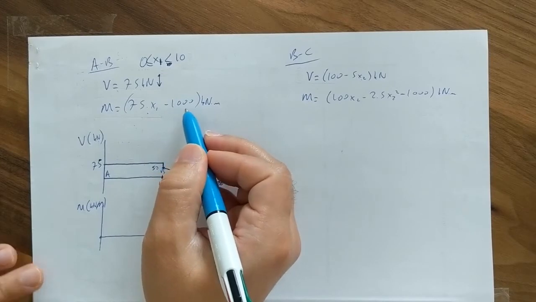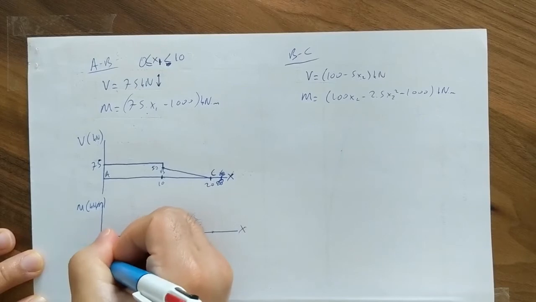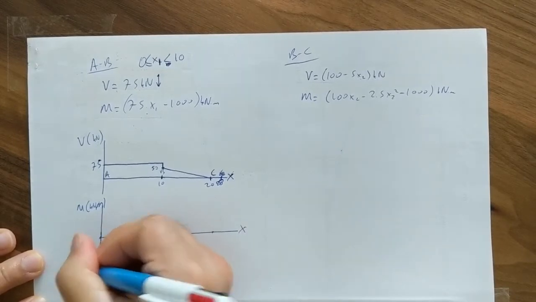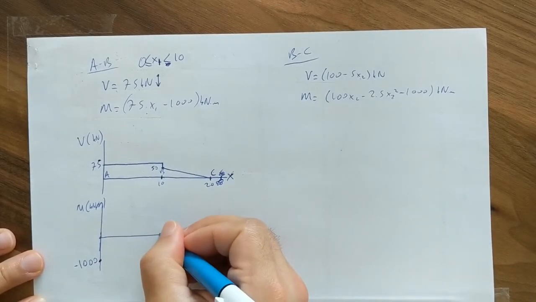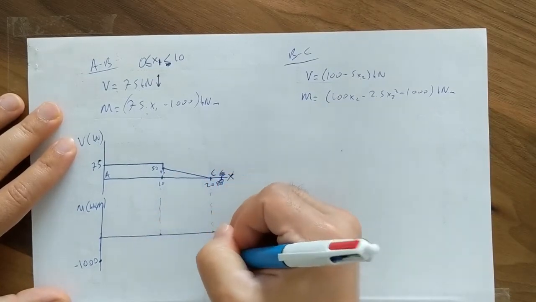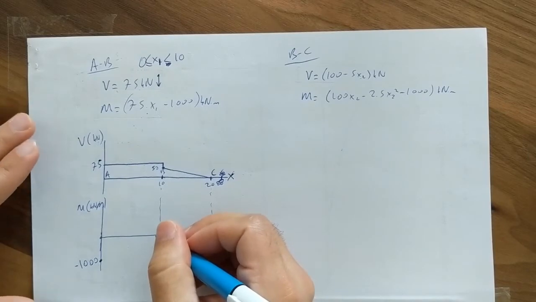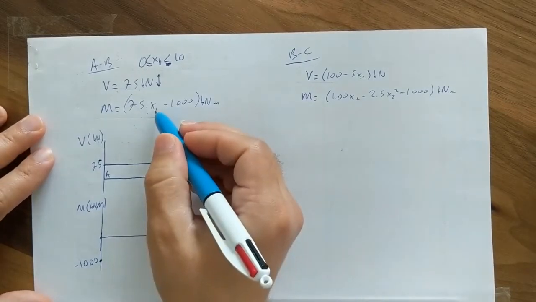I get minus 1000 kilonewton meter. So at the origin it is minus 1000 kilonewton meters, and I have got the other discontinuities. At point B, see what will be the value when x1 is 10.